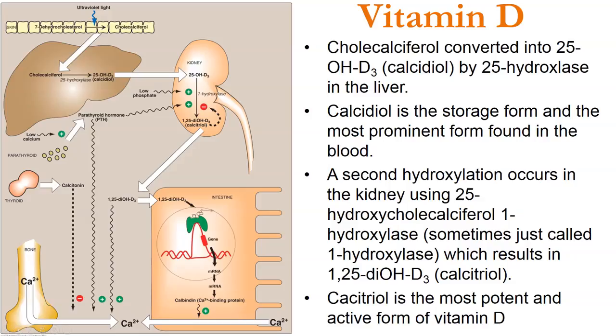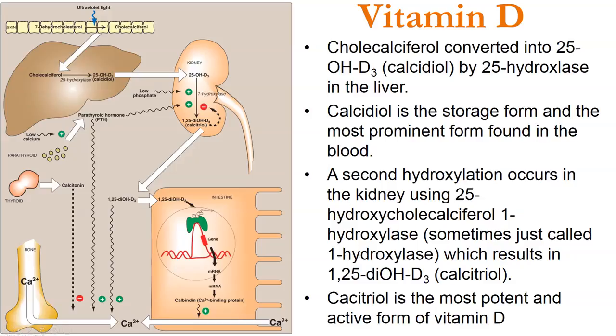But anyway, so you've got a reaction in the liver, and then you've got a second reaction that occurs in the kidney. This uses an enzyme with a very long name, 25-hydroxycholecalciferol 1-hydroxylase. Actually much easier to say, and very often you will just see, like in this figure, just called 1-hydroxylase.